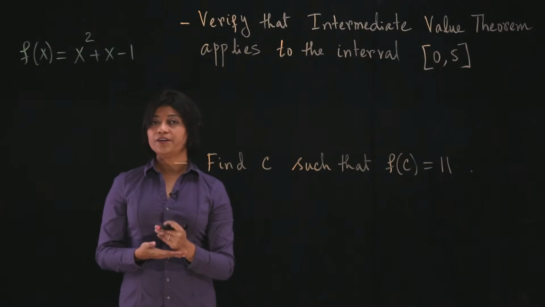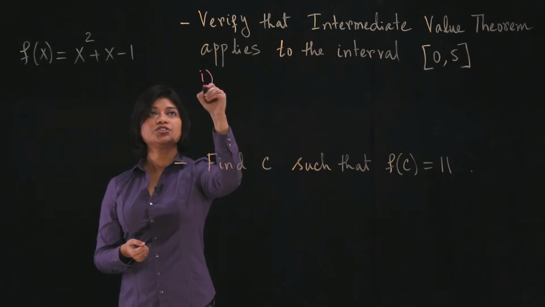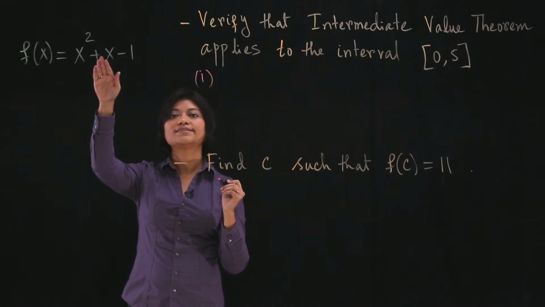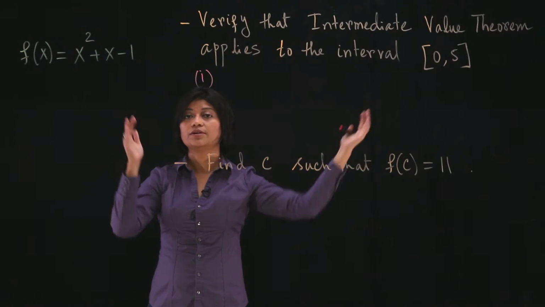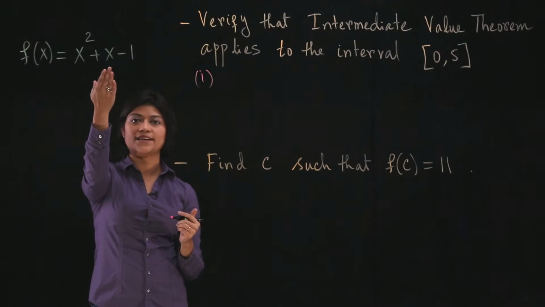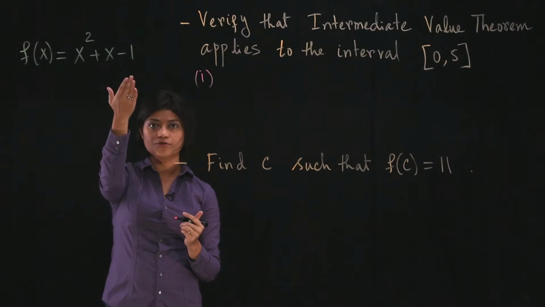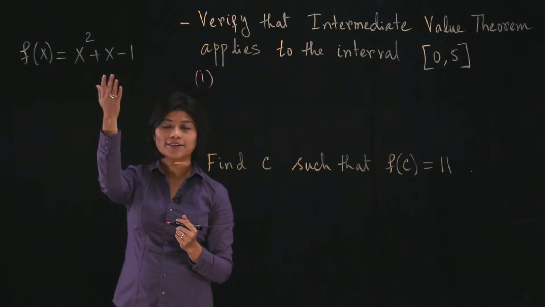So remember how to verify it. There are two things that you have to check. First, check if this function is continuous or not inside this interval between 0 and 5. Well, look at the function. It's x squared plus x minus 1. It's a quadratic. It's a polynomial, right? There is no denominator. There is no radical.